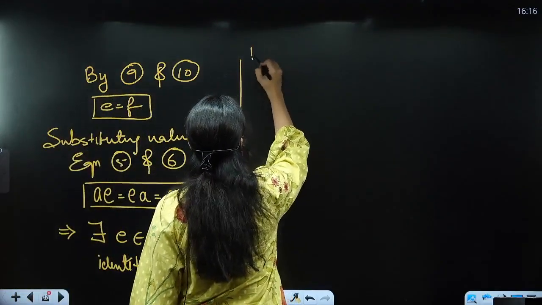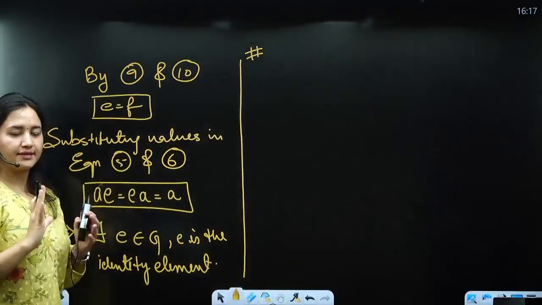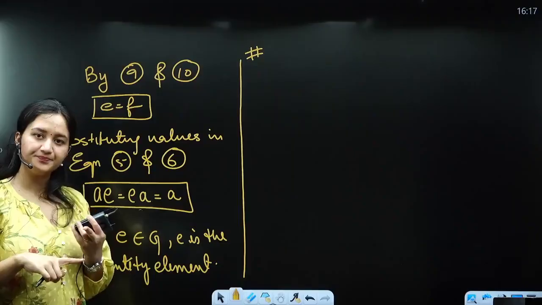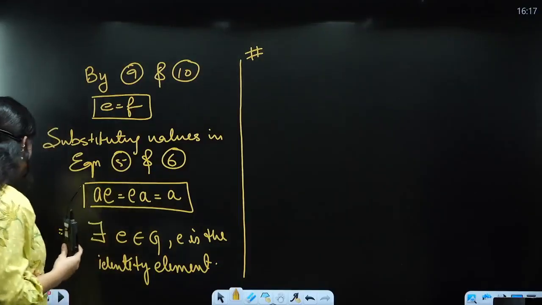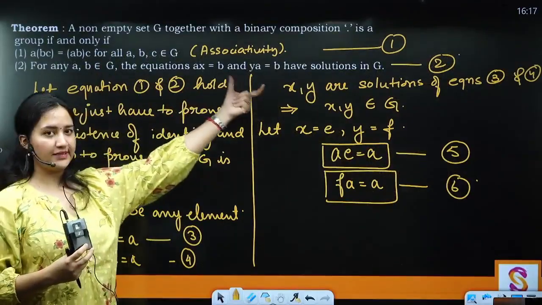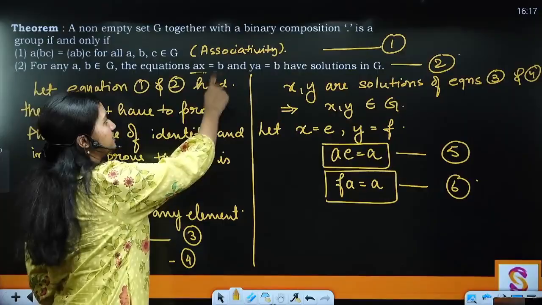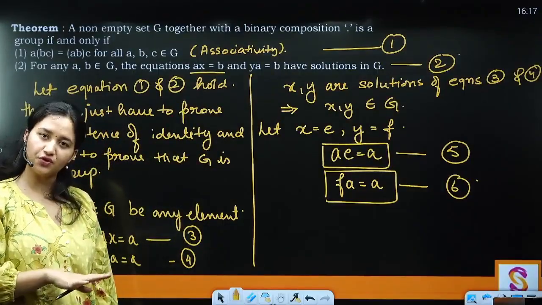Now, understand that the equations ax equals b and ya equals b, which equations are we talking about? The equations that we assumed initially, right? So these equations, ax equals b and ya equals b, are true for all and they have solutions for all, right?